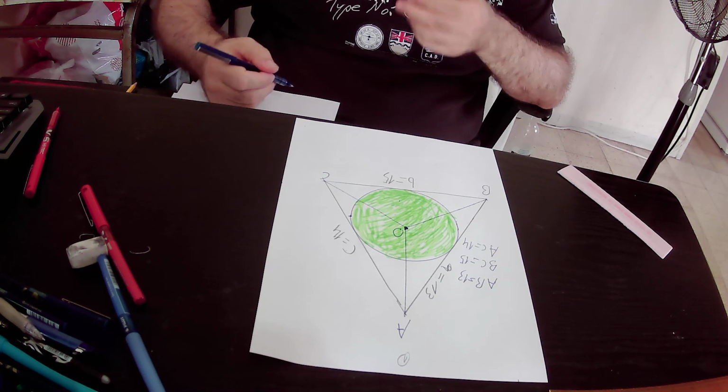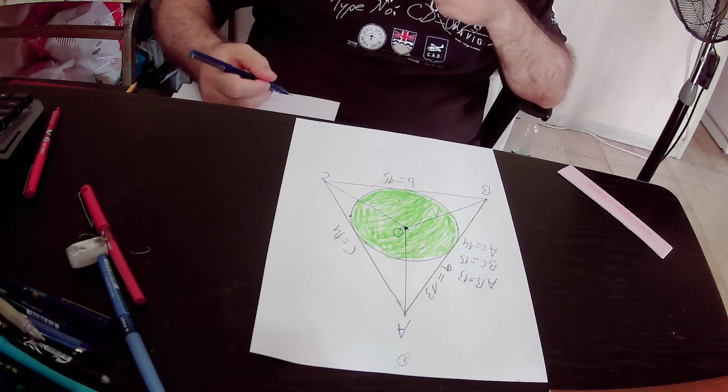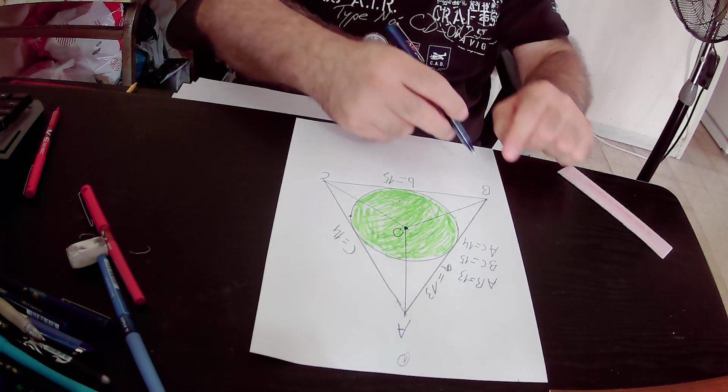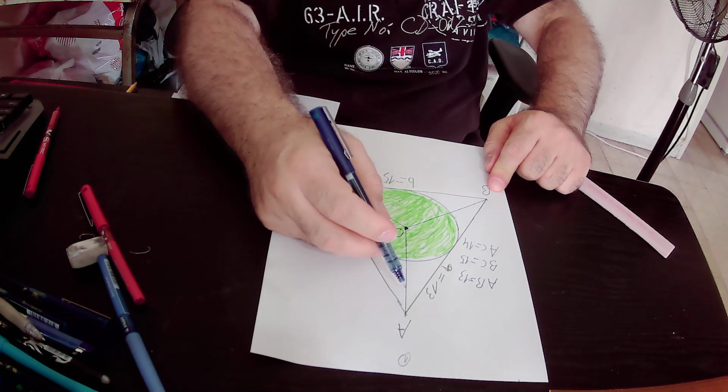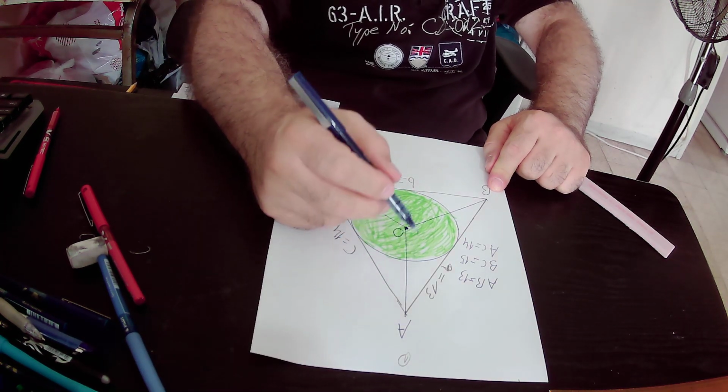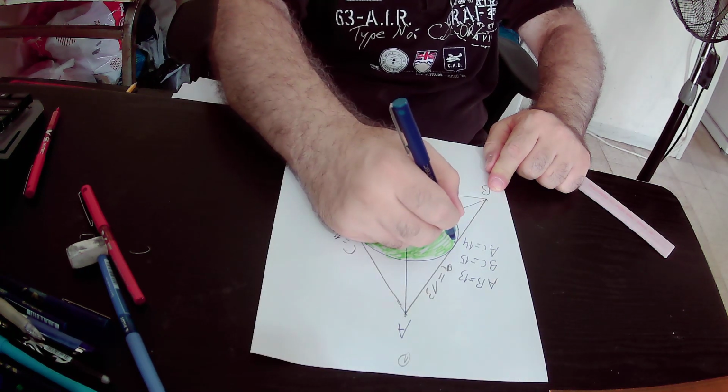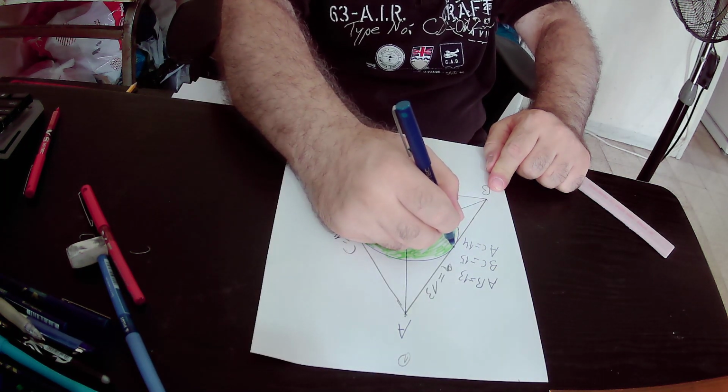Okay, and we also know that side AB of triangle ABC is tangent to the circle at this point.